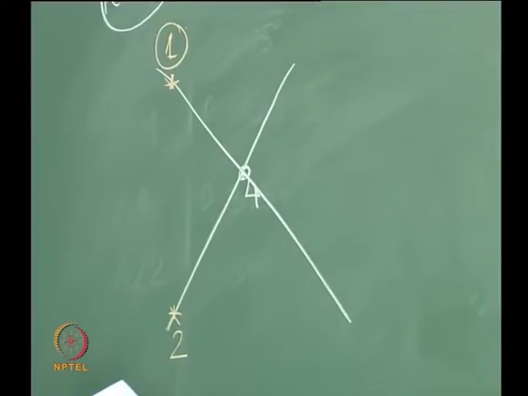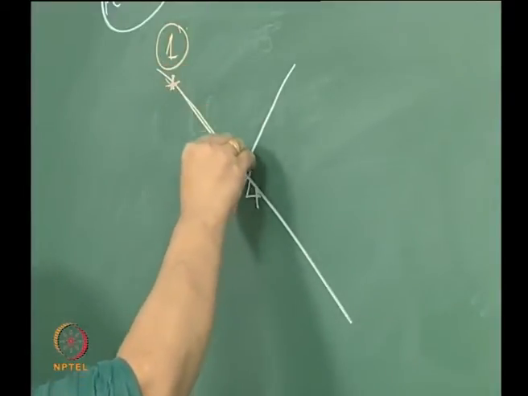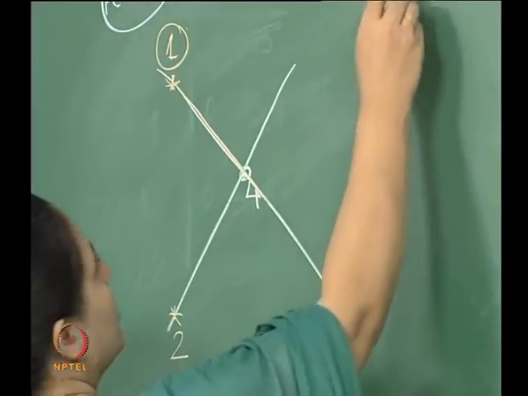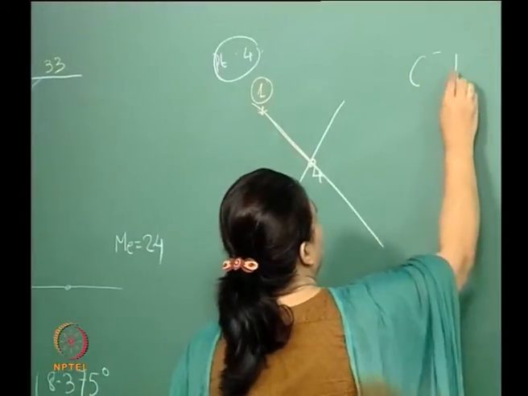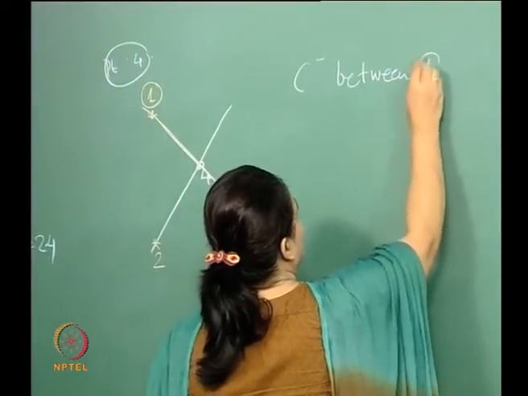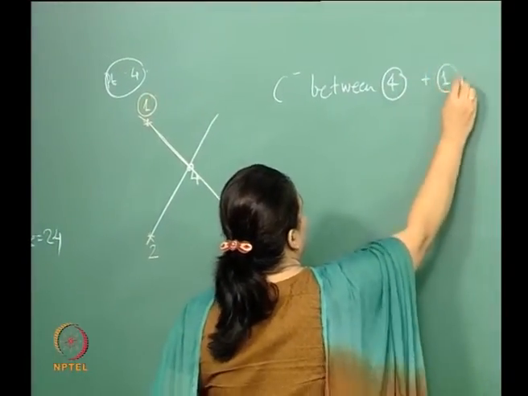So now let us look at this. This is a left running characteristic. So let us look at the left running characteristic between 4 and 1. If I do that, this is C minus between 4 and 1.